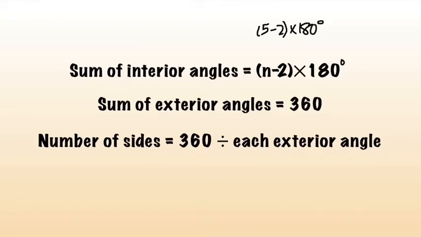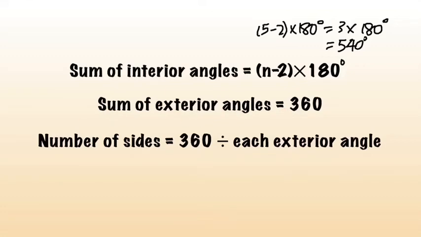So you will get 3 times 180 degrees, and you will get 540 degrees. So the total interior angles of a pentagon will be 540 degrees.